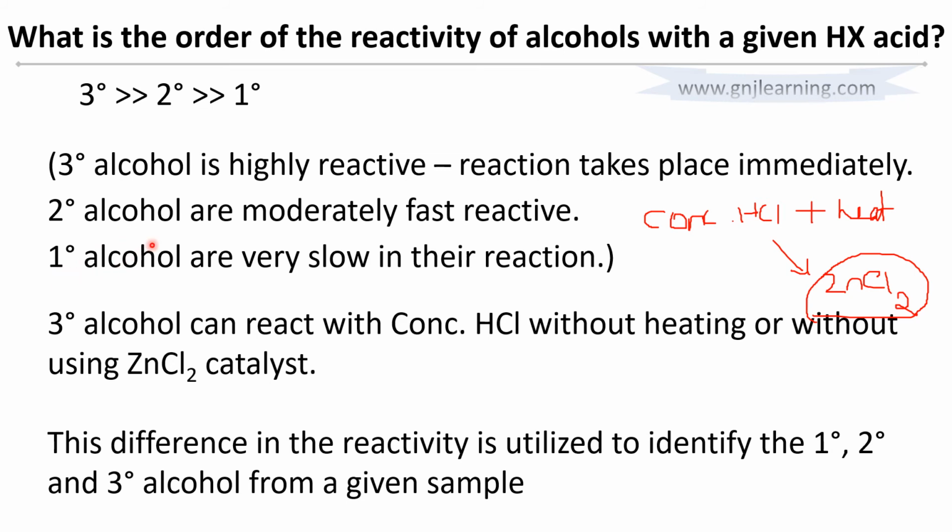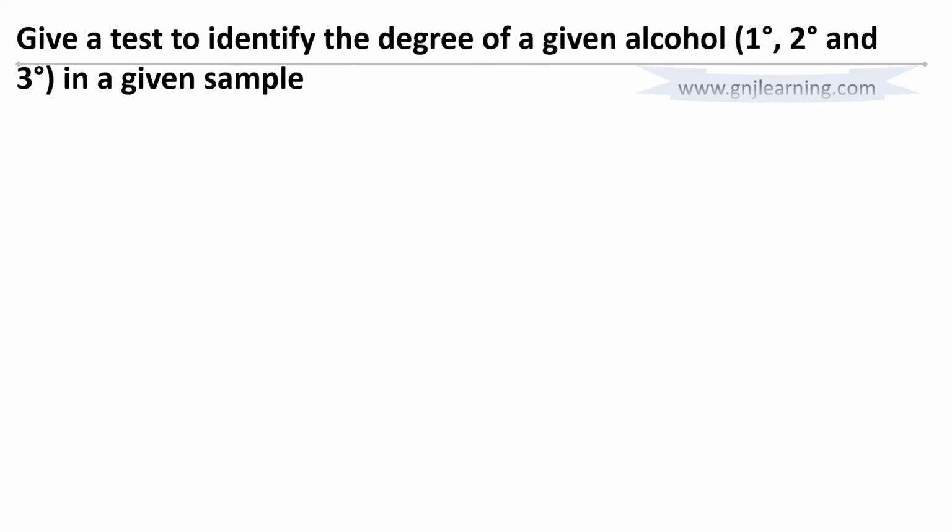This difference in the reactivity is towards which acid? Hydrohalic acid. So with hydrohalic acid, tertiary is very fast, secondary is moderate, and primary is very slow. So we have utilized this in order to classify primary, secondary, and tertiary alcohol.